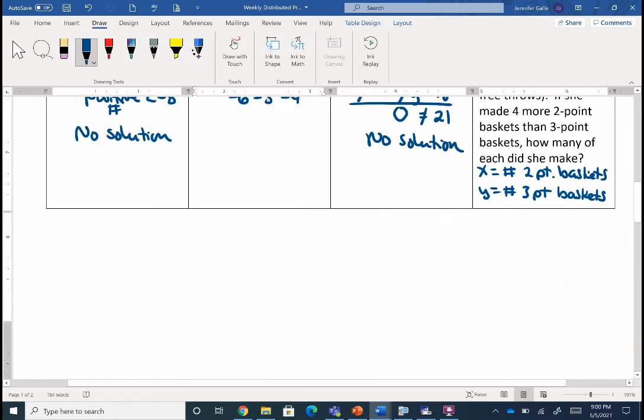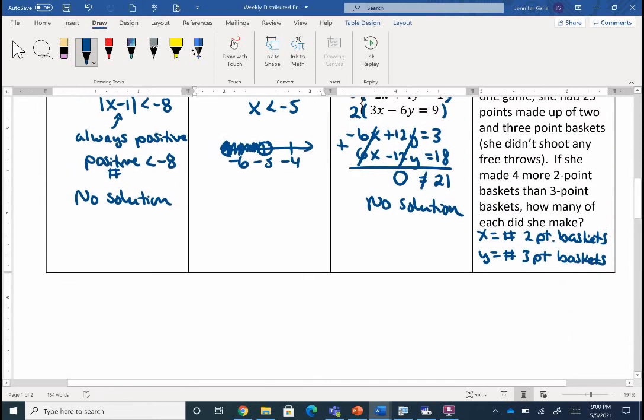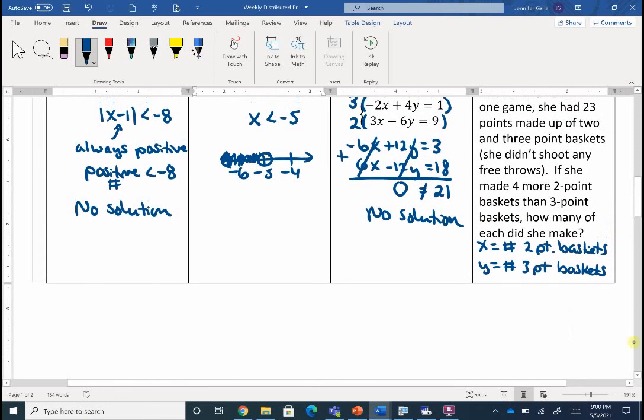I'm going to write over here a little bit to make sure I have enough space to solve. So she had 23 total points. Each 2-point basket is worth 2 points, so how much one is worth times how many she made. How much a 3-point basket is worth times how many she made, and it'll equal 23 points.